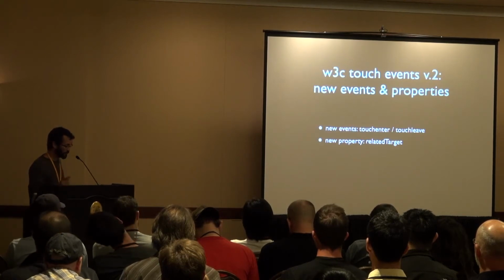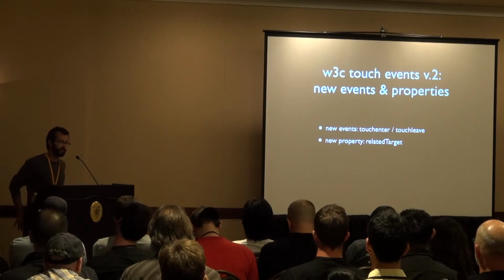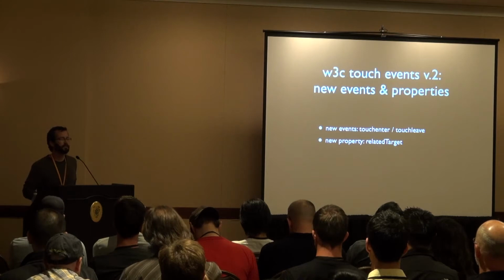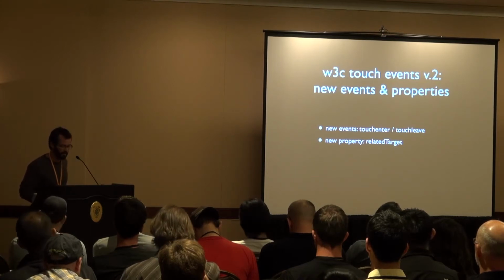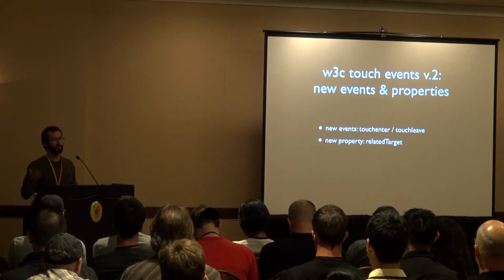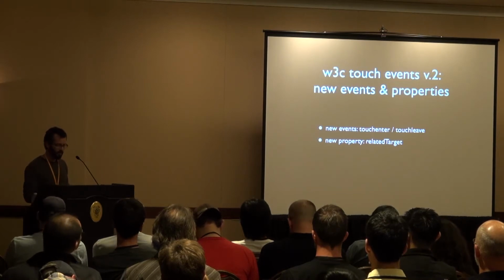Version 2 has some new events, which are touch enter and touch leave. Those correspond very much to mouse over and mouse leave. We also get a new property, which is the related target, whatever element you are either coming from or going to.